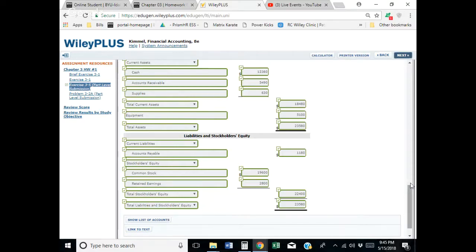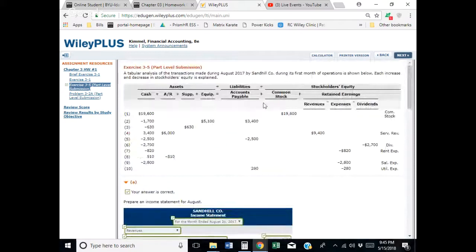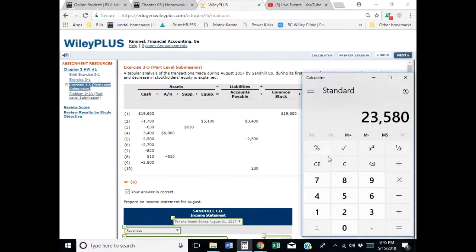Liabilities is accounts payable. You have 3 different items on accounts payable. So clear. First one is $3,400.